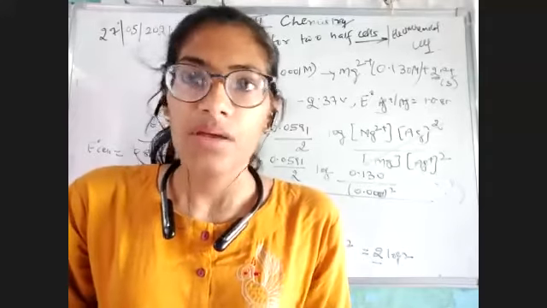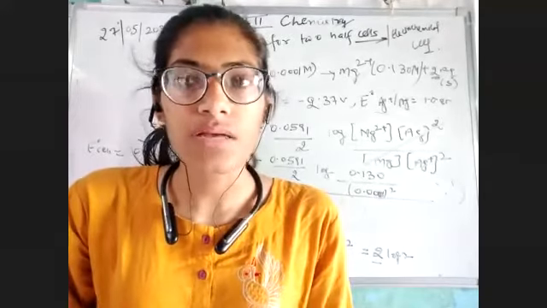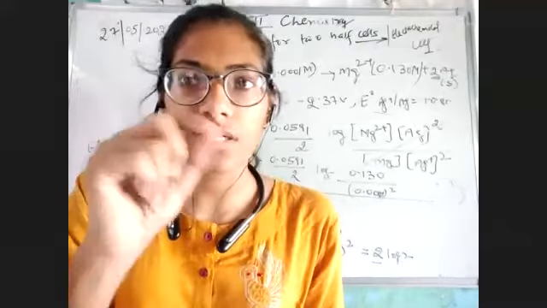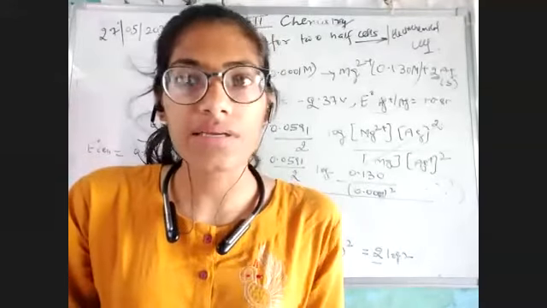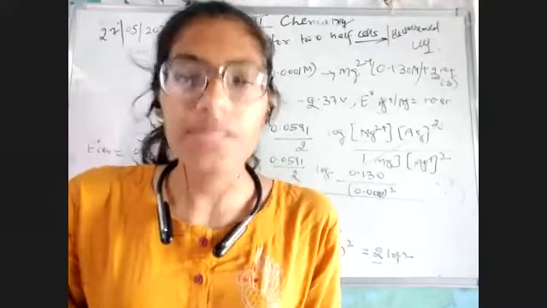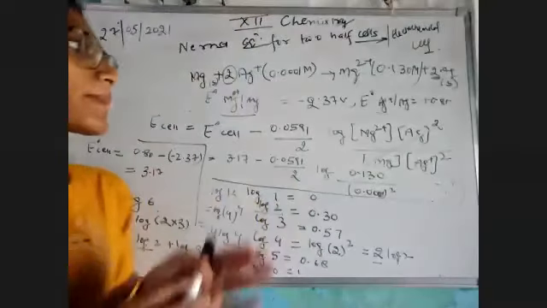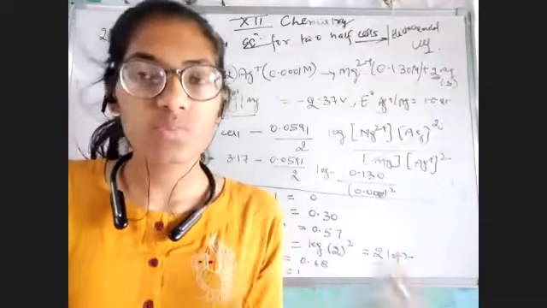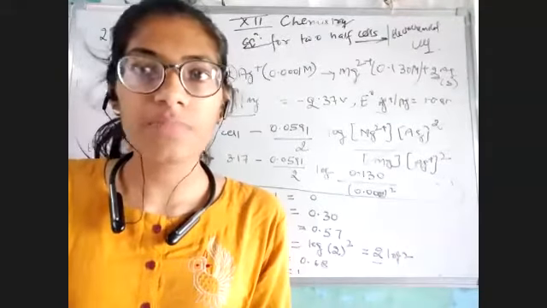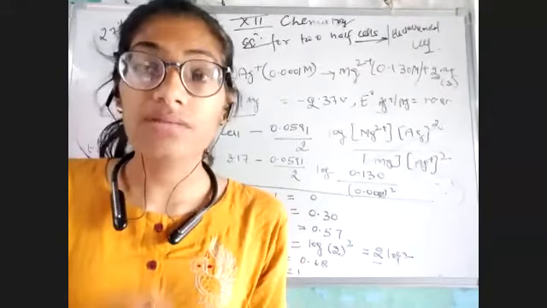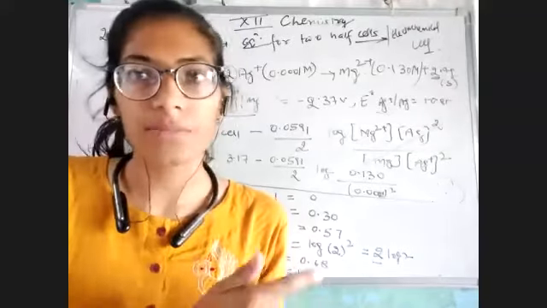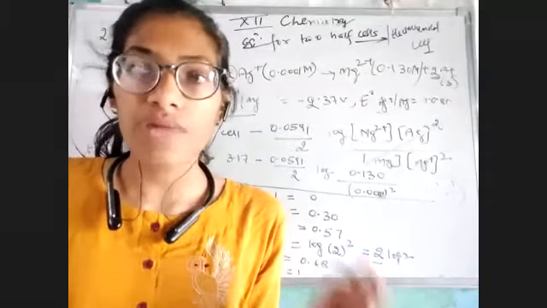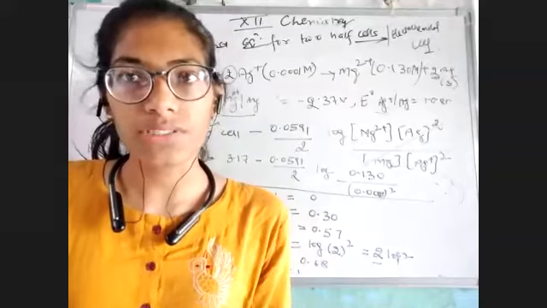Kohlrausch's law also will definitely have a numerical. So for the dilution law, we have taken a simple graph that it would decrease or increase. But most of the time there is a probability of a numerical. And this chapter is very important, almost 5 to 6 marks, and you will get 3 to 4 numerical portions from this chapter. So do not miss, try to solve more and more numericals from this chapter.